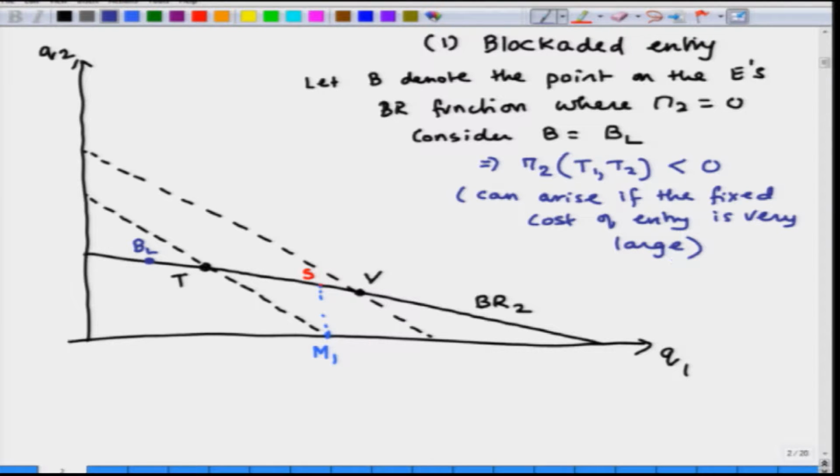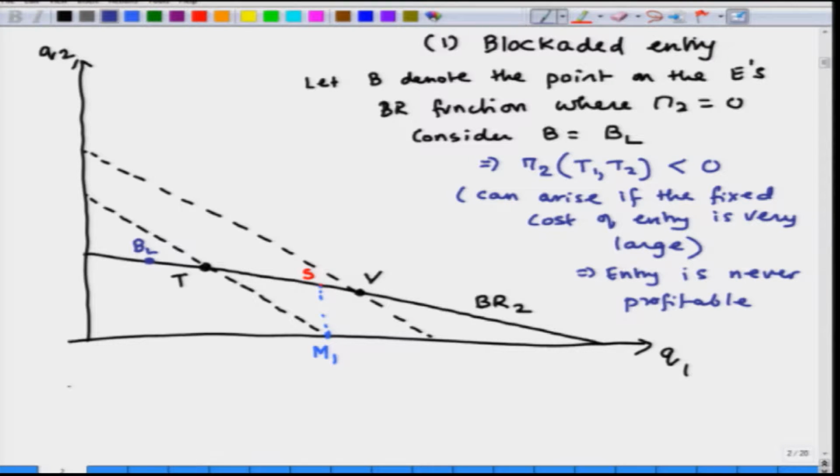And in such a case, entry by E is never profitable, because I am not even doing best in my best possible Nash equilibrium output point T. So, entry is never profitable.